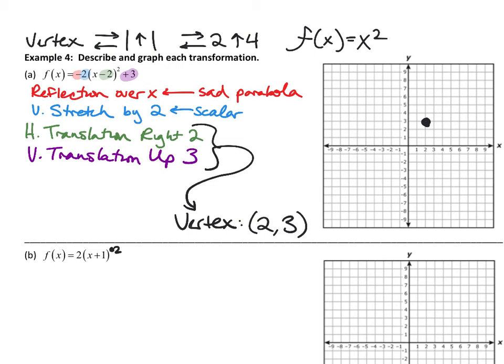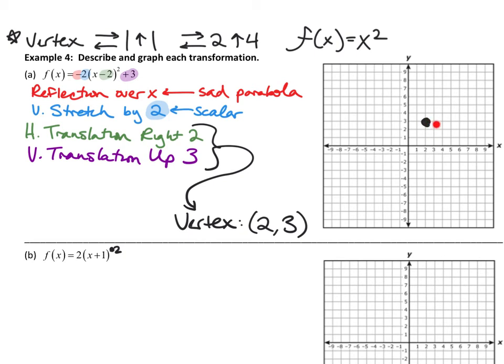Okay, I can follow my pattern remembering 2 things. Number 1, that instead of going up, because we have a sad parabola, we should be going down from this pattern up here. And every time we go up or down, we're going to have to multiply it by this scalar of 2. So if I start at my vertex right here, and I'm going to plot my next point, I'm going to go over 1 and down 1, but not down 1. 1 times 2 is 2.